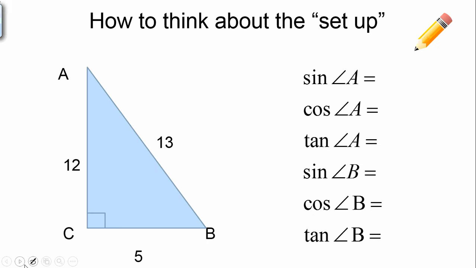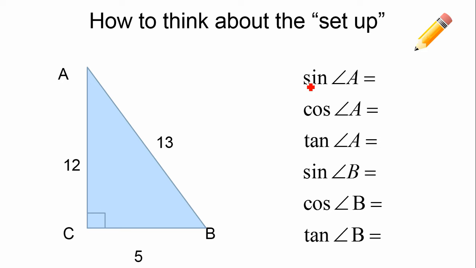So our last part here in our notes, or our example, is to think about how we would set the ratios up. Here is a right triangle you need to draw in your notes. The triangle has the sides of 12, 5, and 13. Now we need to understand that after the word sine, the cosine, the tangent, comes the angle, or the theta.